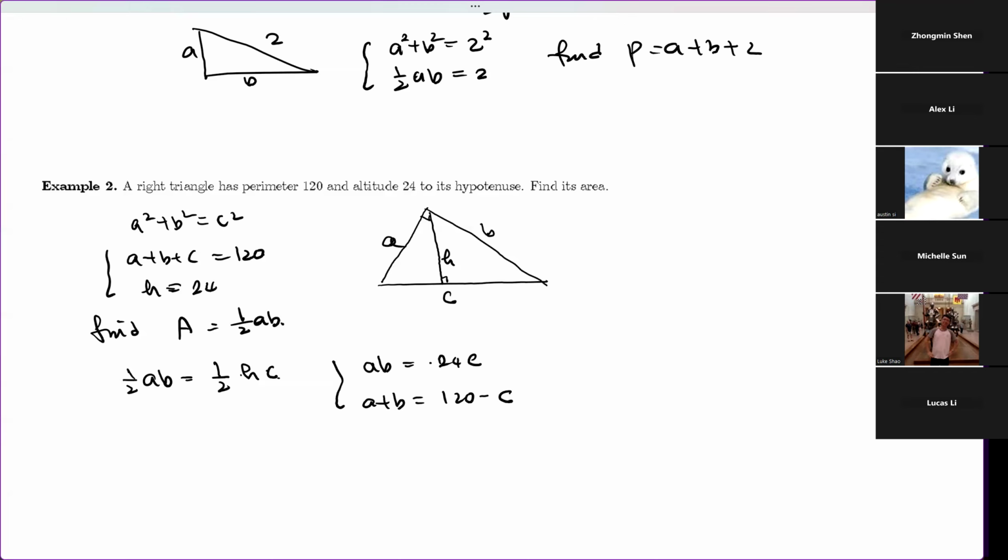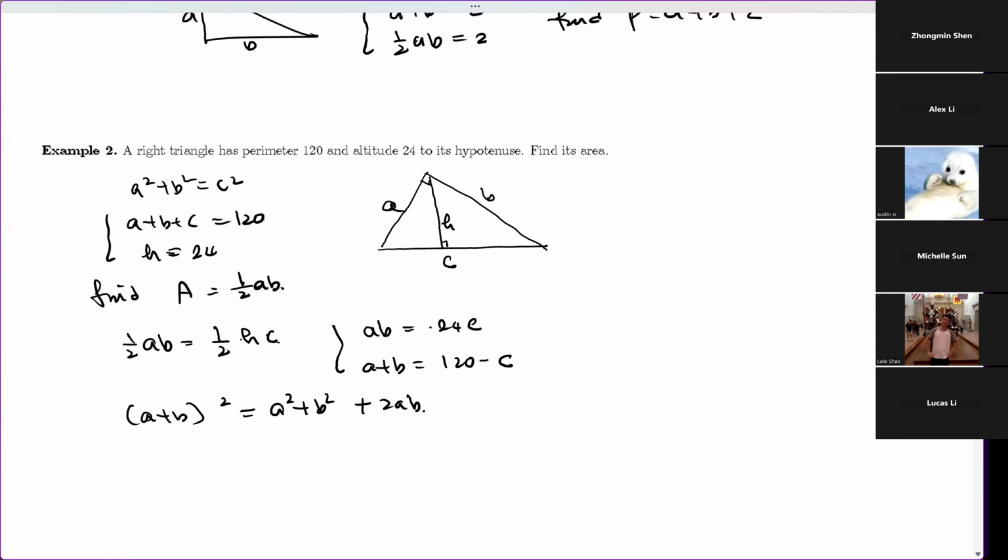So we have the identity: A plus B, squared, equals A squared plus B squared plus 2AB, right? So from here, A plus B is 120 minus C, A squared plus B squared is C squared, and AB is 24C, times 2, that's 48C.